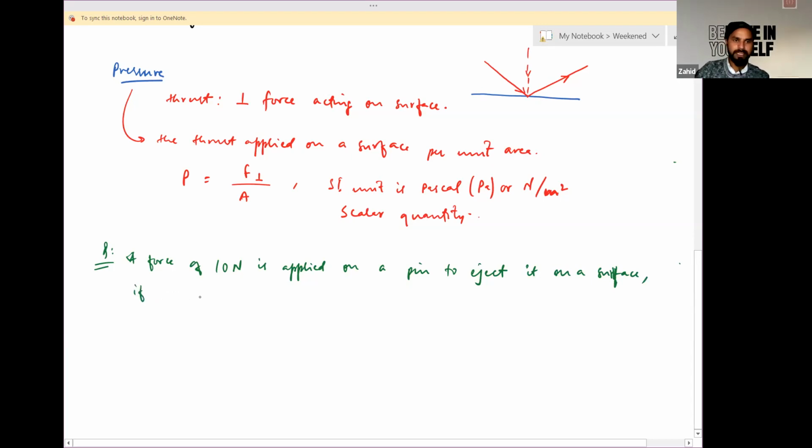If the area of the tip is 0.5 mm square, find the pressure.